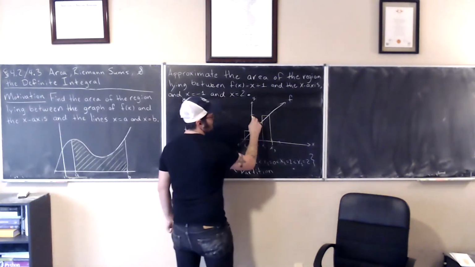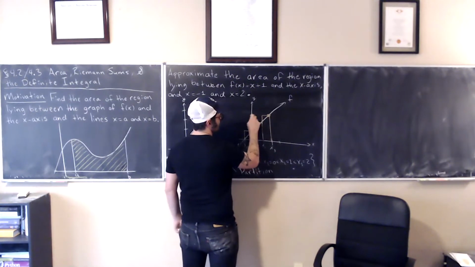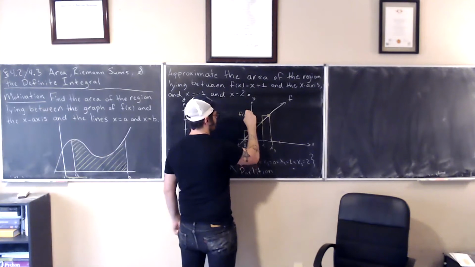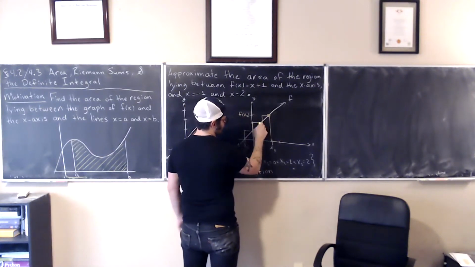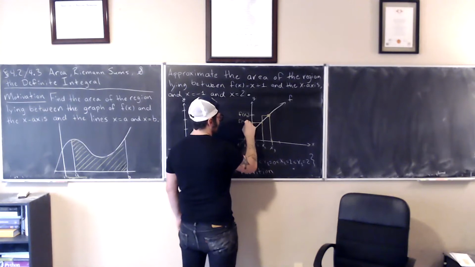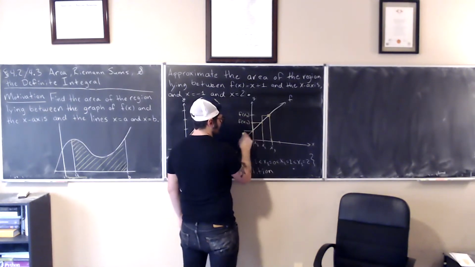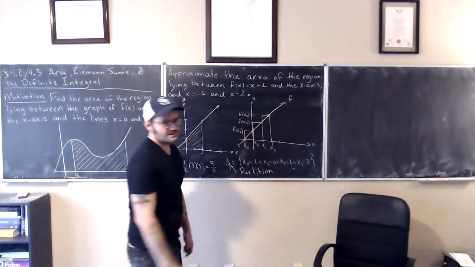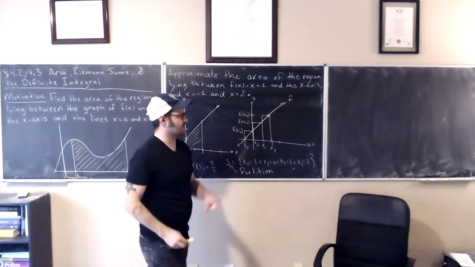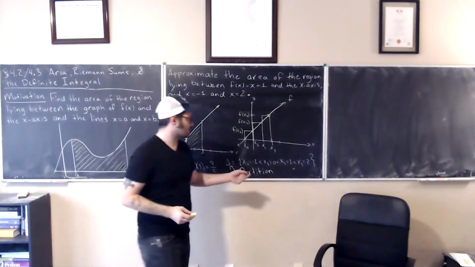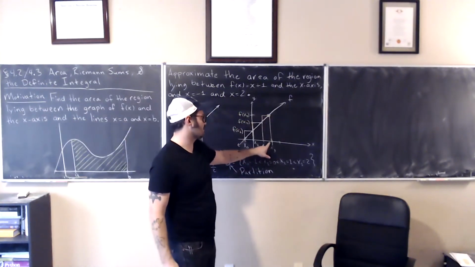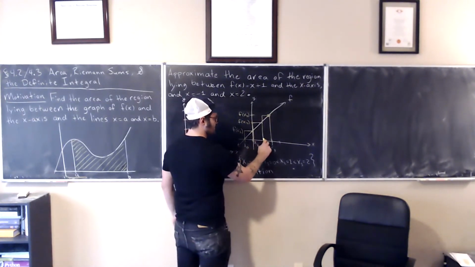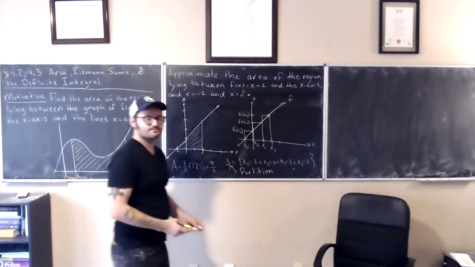So notice here the height of the first rectangle is f at x3. The height of the second one is f of x2. The height of this third one is f of x1. Basically, the height of each of the rectangles corresponds to the highest value of the function in that subinterval. These are little subintervals that we've made, 3 of them actually.